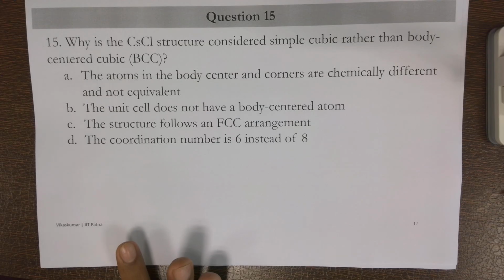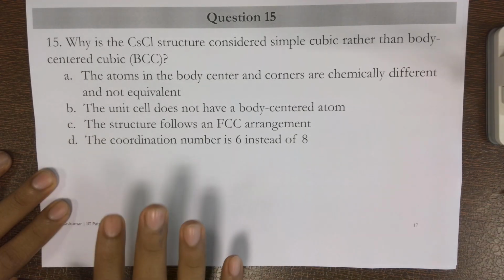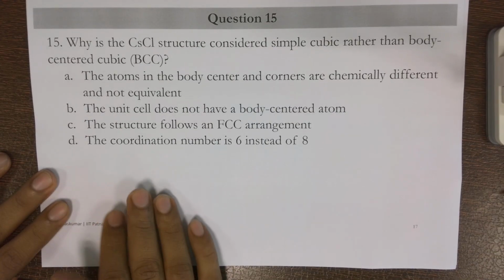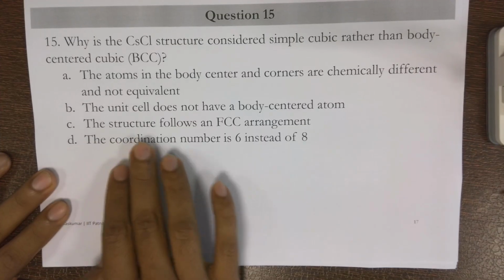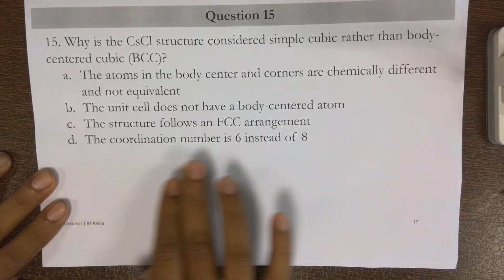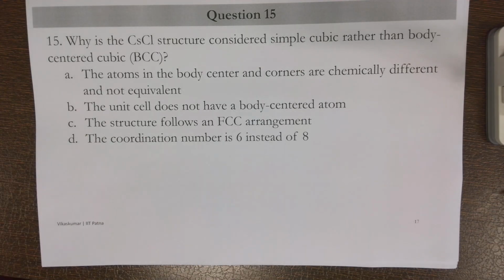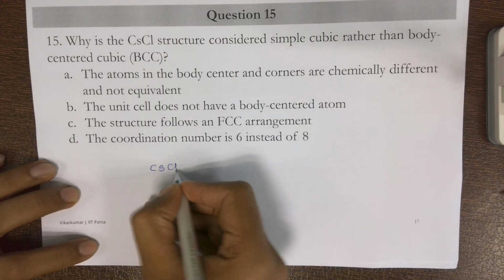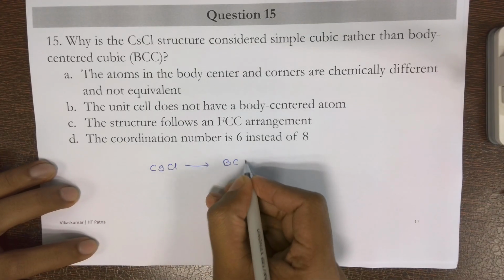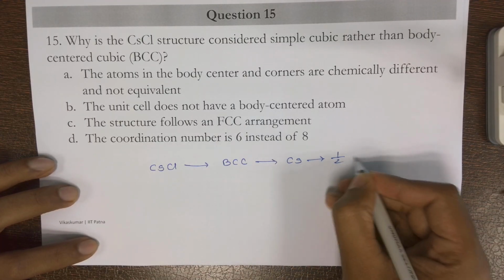Options are given: the body center and the corners are chemically different; second, the unit cell does not have the structure; it follows an FCC arrangement; the coordination number is 6 instead of 8. Why are we not considering BCC here, even though Cs is sitting at the center?